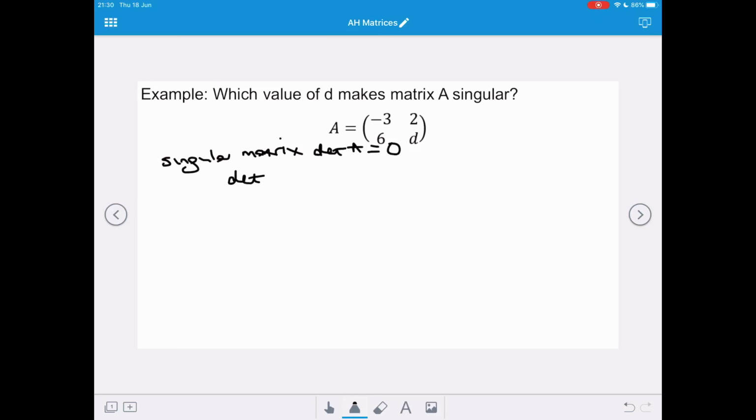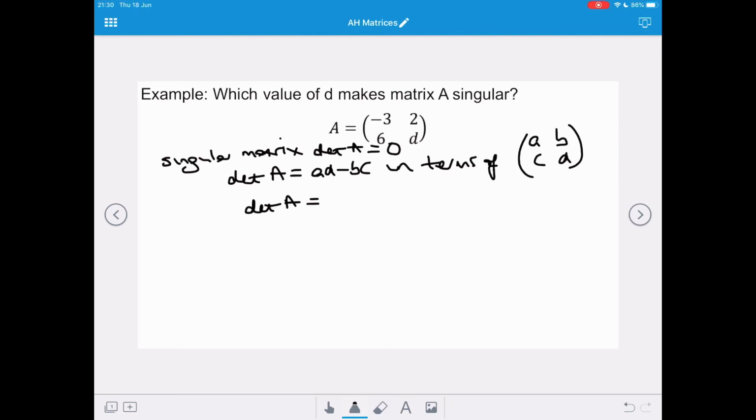Now, we want to work out what the determinant of A is, and we know that it is AD minus BC in terms of the general matrix ABCD. So det A is going to equal negative 3 multiplied by D minus 2 multiplied by 6. And that's going to equal 0 for a singular matrix.